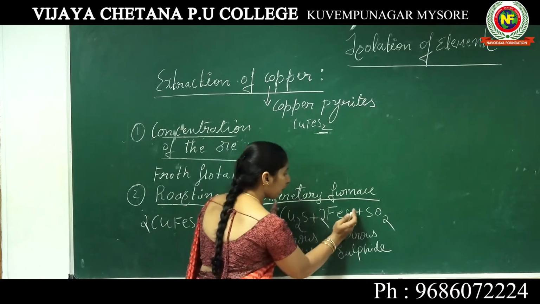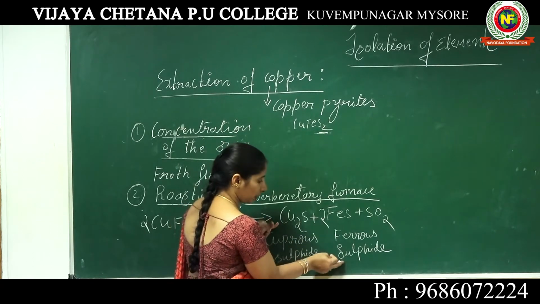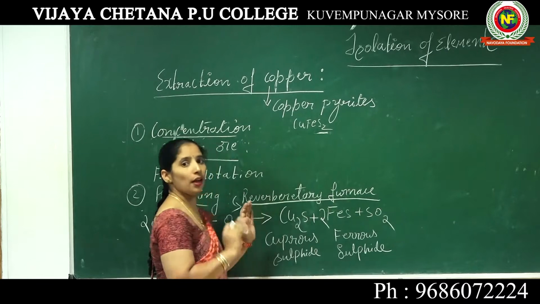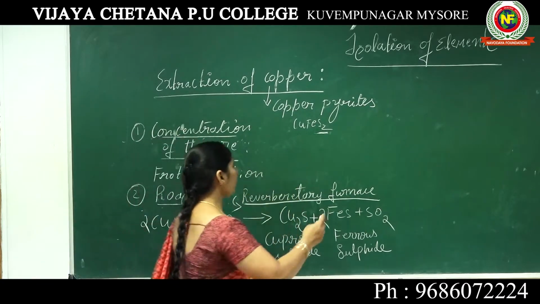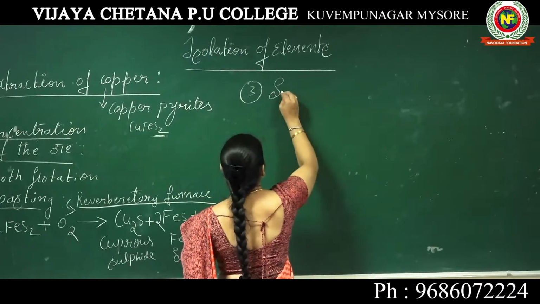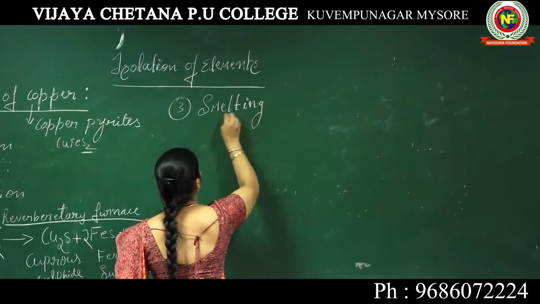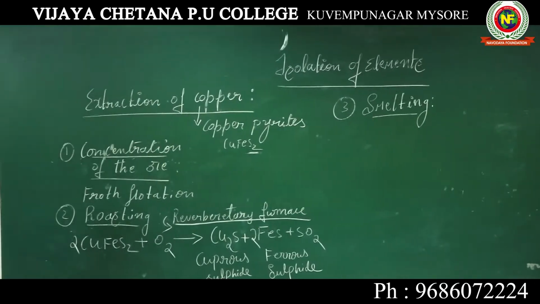So now this mixture, cuprous sulfide and ferrous sulfide, is introduced into the blast furnace. That third step we call smelting, the third step in the extraction of copper.